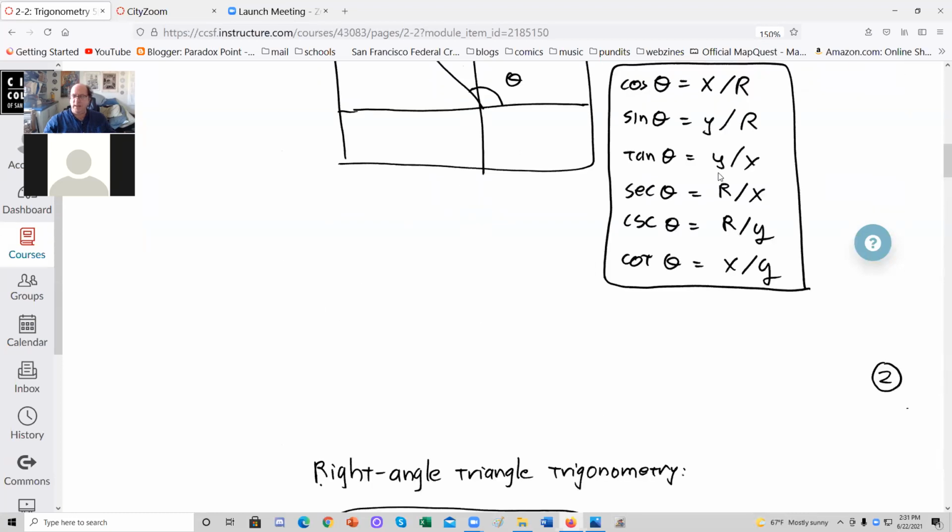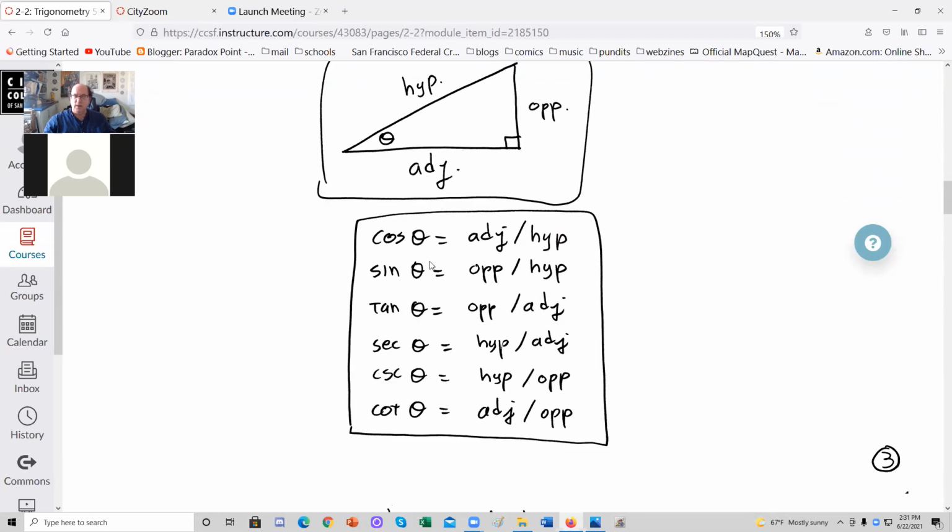Translating these definitions, the cosine of this angle is adjacent over hypotenuse. Sine is opposite over hypotenuse. Tangent is opposite over adjacent. Secant is hypotenuse over adjacent, the reciprocal of cosine. Cosecant is hypotenuse over opposite, the reciprocal of sine. And cotangent is adjacent over opposite, the reciprocal of tangent.